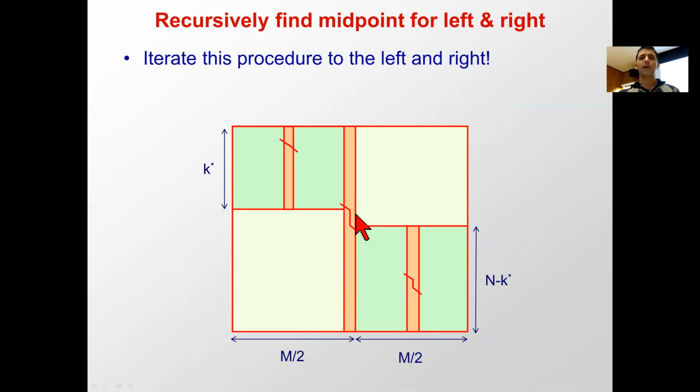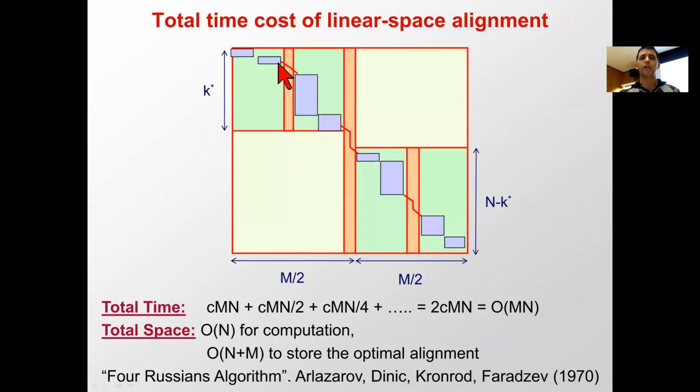And after I've done that, I just recurse here, find the midpoint, figure out how to recurse, and then cut the matrix further and further and further. This is 1 plus a half, plus a quarter, plus an eighth, plus a 16th. It's that turtle that never gets to its goal.